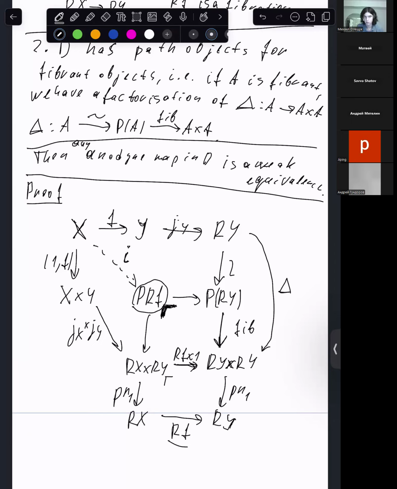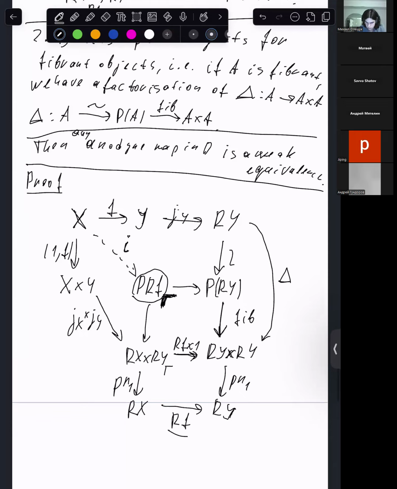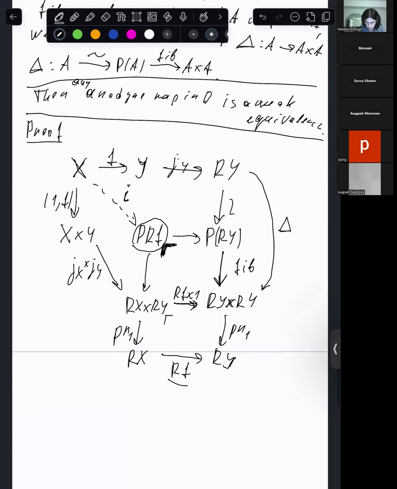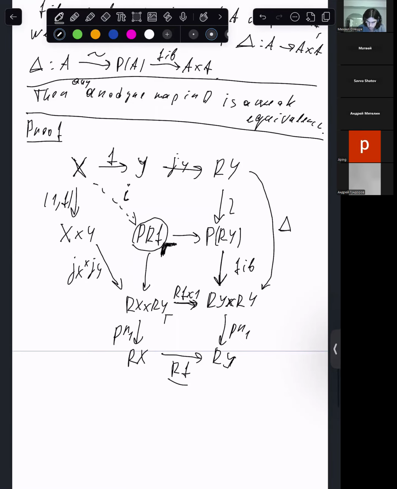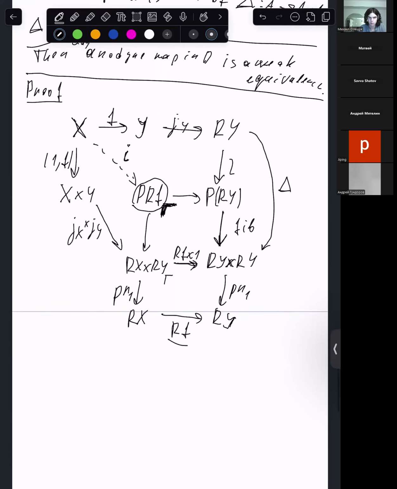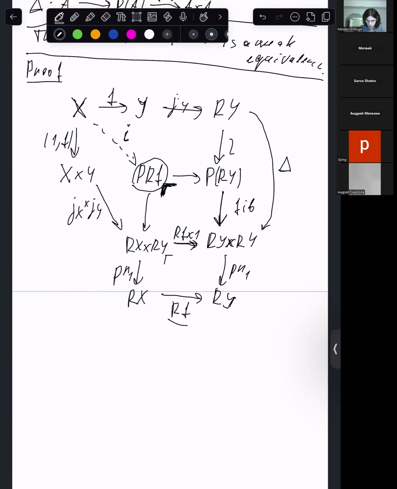One can check that all commutes. Then we have something like that.